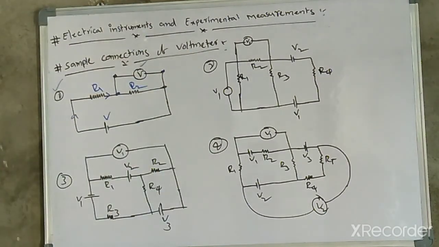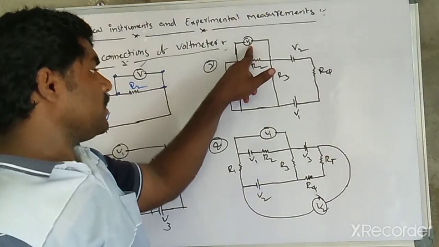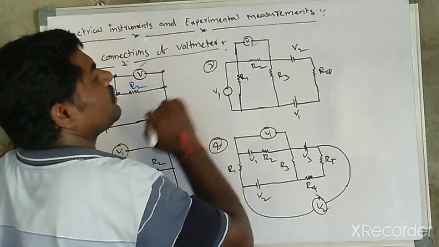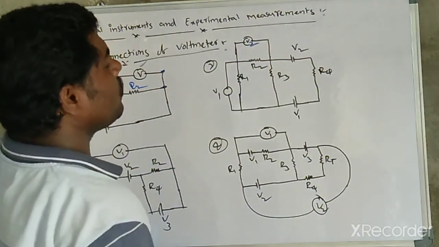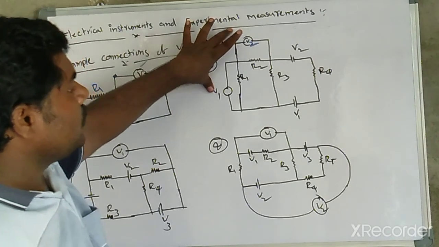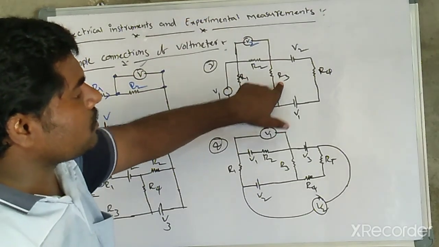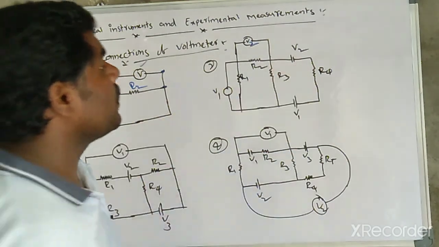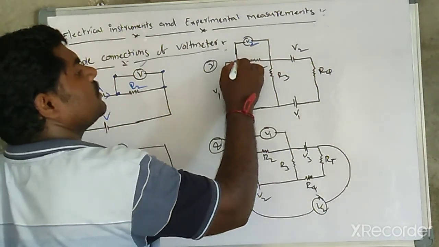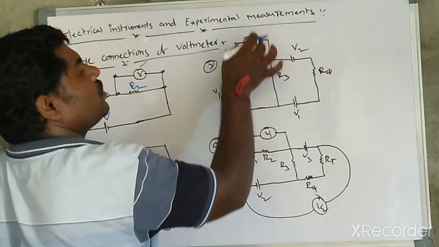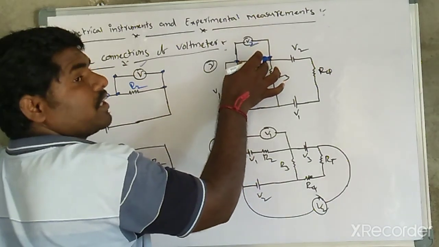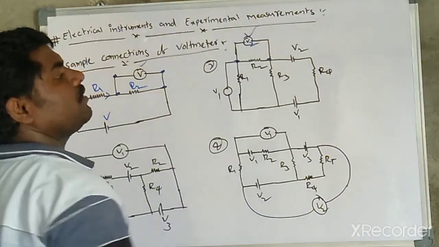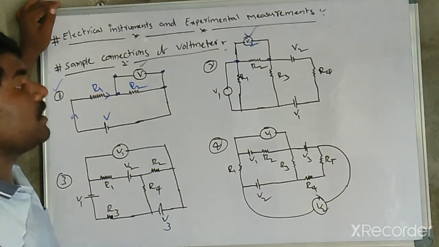Now coming to the second one. Here there is a V1 voltmeter and a V2 voltmeter, two voltmeters. There are R1, R2, R3, R4 resistors, and the V1 battery and V2 battery. So across this R2 only V2 is connected. The potential drop across R2 should be equal to the second voltmeter reading.